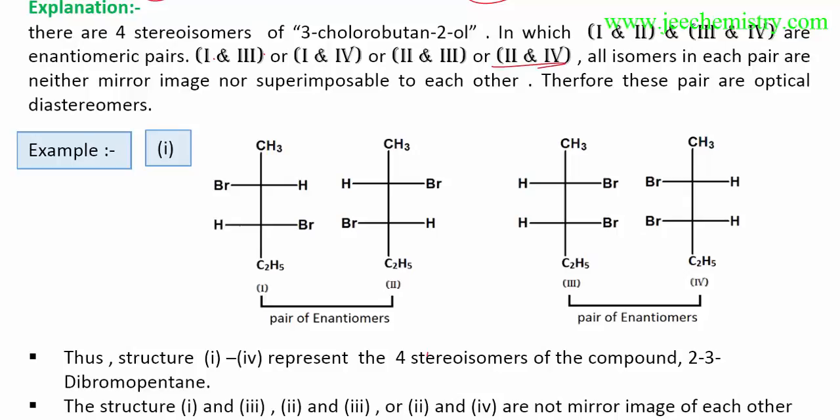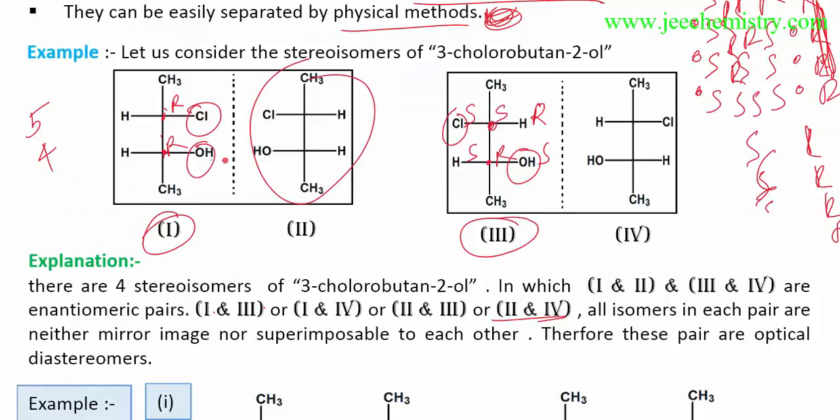One thing I want to make clear: if 2 compounds are neither mirror image nor superimposable to each other, suppose 1st and 3rd, or 1st and 4th in the upper example, then the absolute configuration of at least one stereocenter must be different. If in an examination 1st and 3rd are given and we have to find the relationship, we have to find the absolute configuration of these 2 chiral carbons and compare.